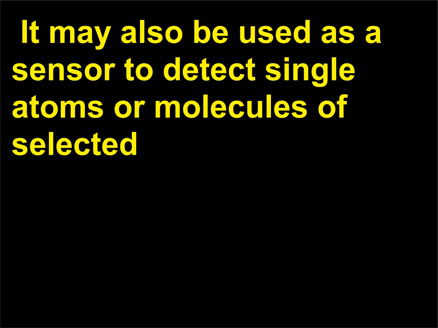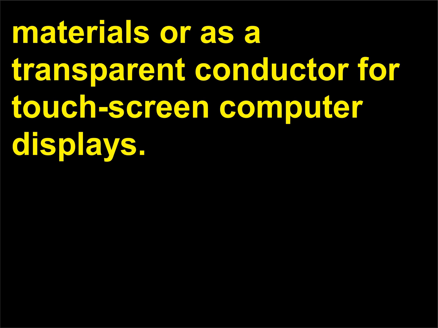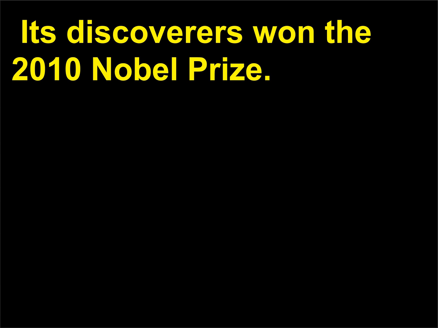It may also be used as a sensor to detect single atoms or molecules of selected materials, or as a transparent conductor for touch-screen computer displays. Its discoverers won the 2010 Nobel Prize.